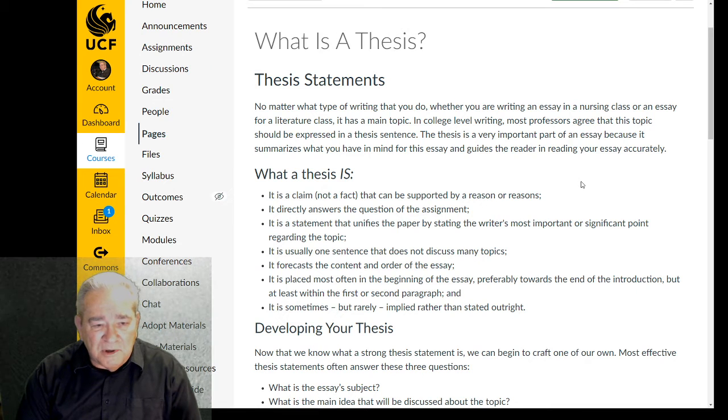It is supposed to be about one topic. Your essay is supposed to be about one topic, and as we've said before, every paragraph is supposed to have a topic sentence that's supposed to have one topic in the paragraph. Every paragraph topic is supposed to point back to your thesis, but this is where you get unity, where all your paper is unified around one topic.